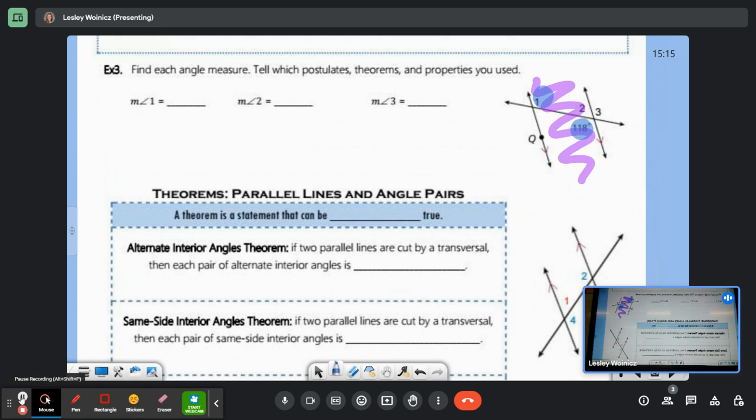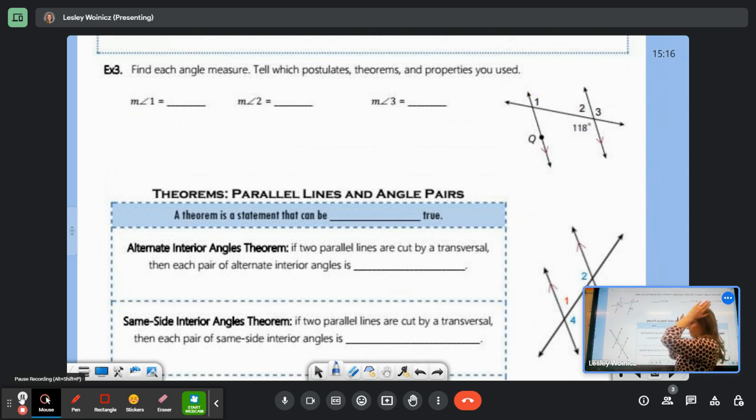Whoa. Okay, we don't know that one yet. We're going to back it up. All right, look at this angle and this one. What kind of angles are those? Corresponding.